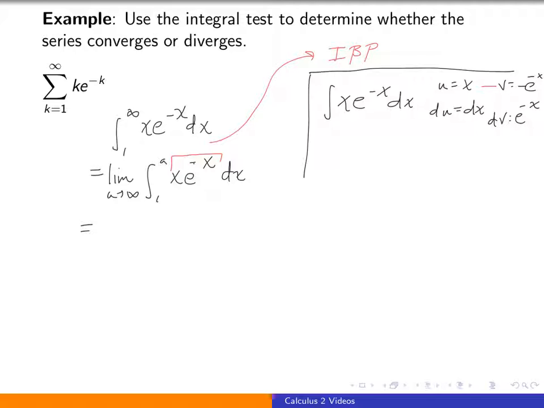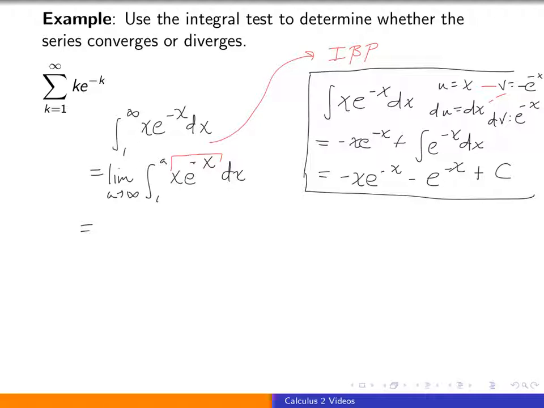Integration by parts tells us uv minus the integral of v du. So this becomes minus x e to the minus x minus, and then it's going to be in turn a minus the integral of e to the minus x. So we end up with minus x e to the minus x minus e to the minus x plus c. So doing this bit of work to the side, we find that for the improper integral, we have the limit as a goes to infinity, and we have the indefinite integral of x e to the minus x.